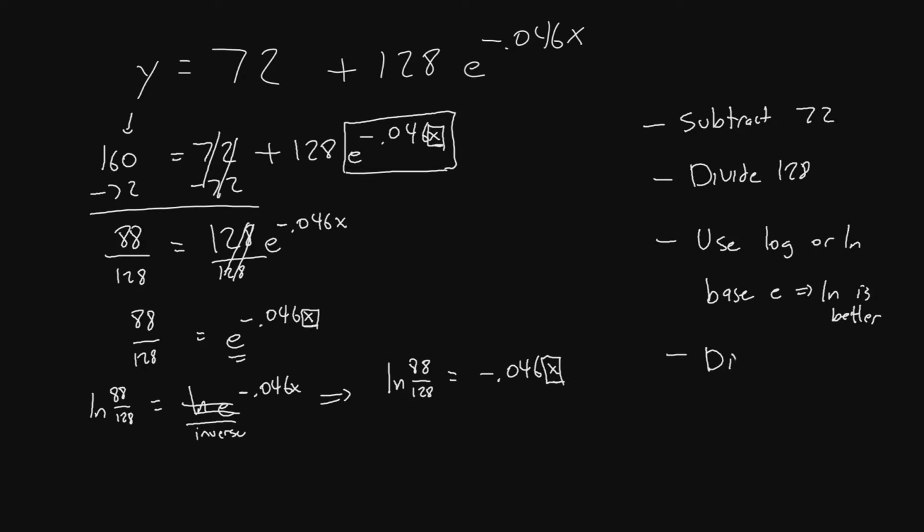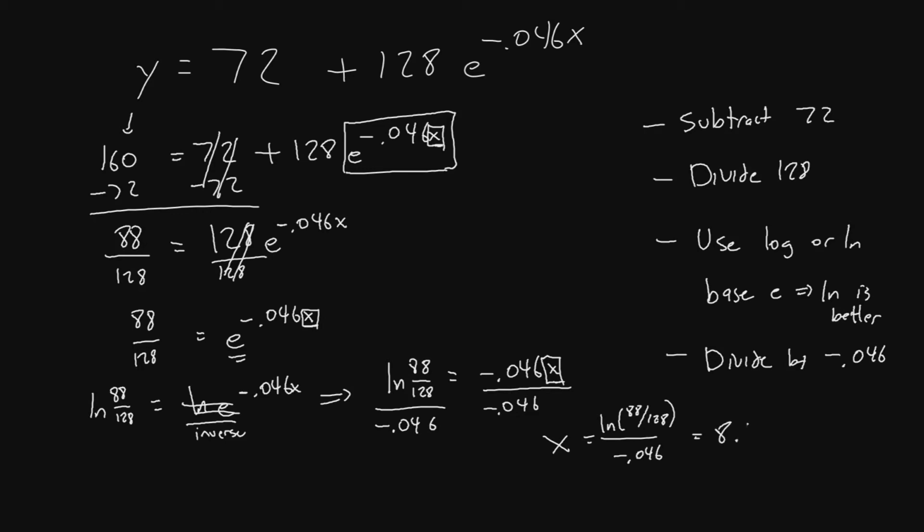Now just divide by negative 0.046 on both sides. So our x is going to be ln of 88 over 128 divided by negative 0.046. Enter this into the calculator and you will get 8.15 minutes.